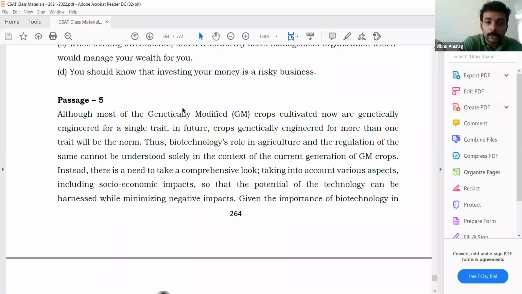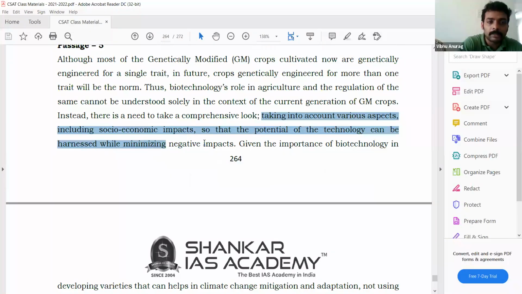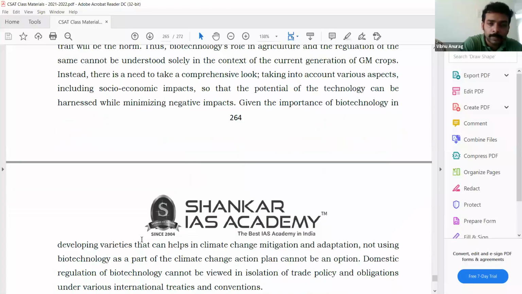Instead, there is a need to take a comprehensive look, so overall look, taking into account various aspects, including socio-economic impacts, so that the potential of the technology can be harnessed while minimizing negative impacts. And he says, given the importance of biotechnology in developing varieties that can help in climate change mitigation.